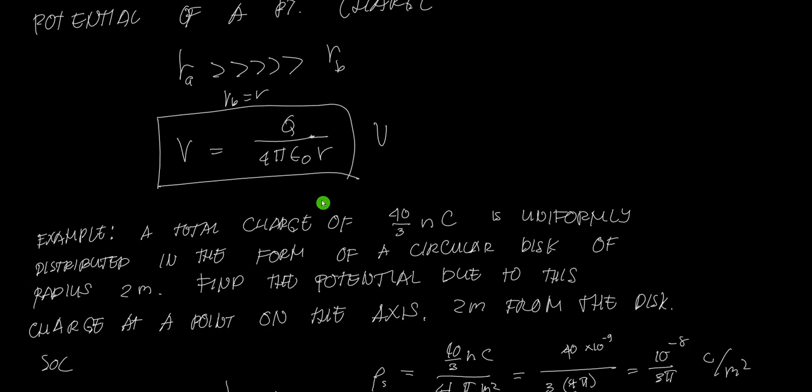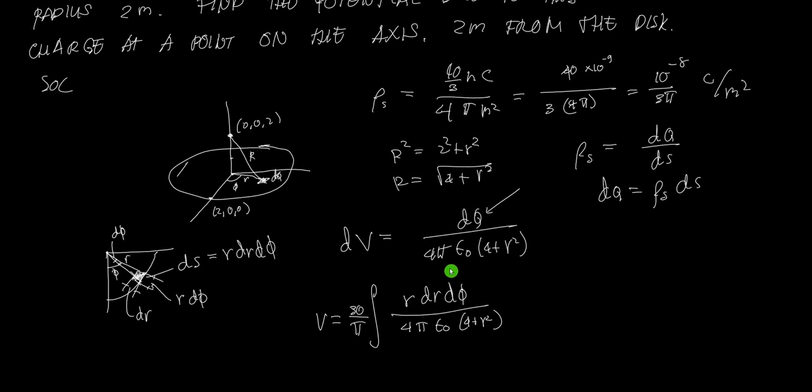Oh, wait. The formula here should be just R. I forgot. So I don't need to square that. It should still be the square root of 4 plus r squared. So I just need to put the square root here. So the square root of 4 plus r squared.